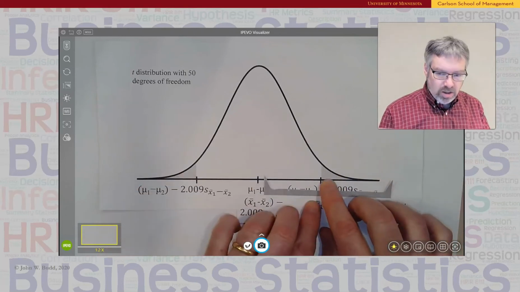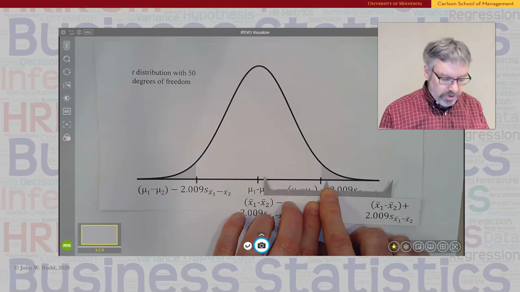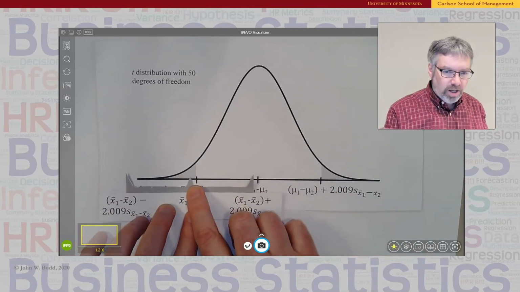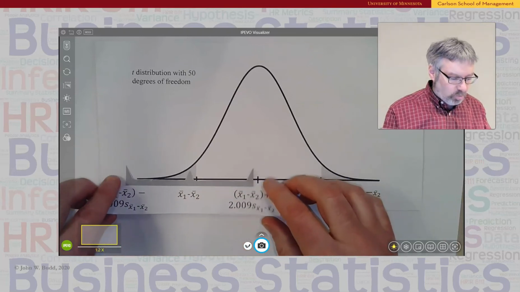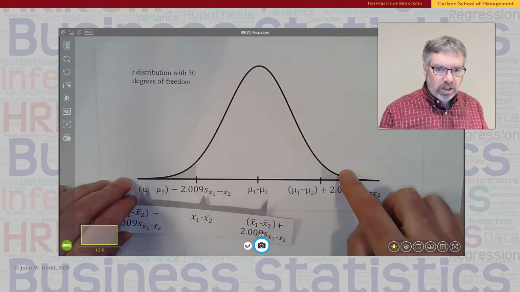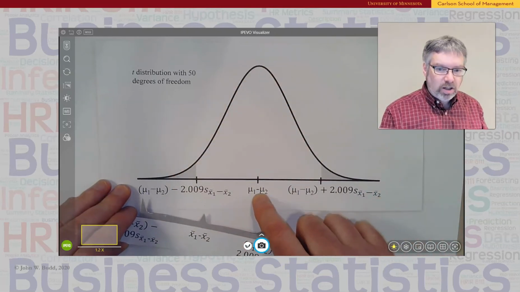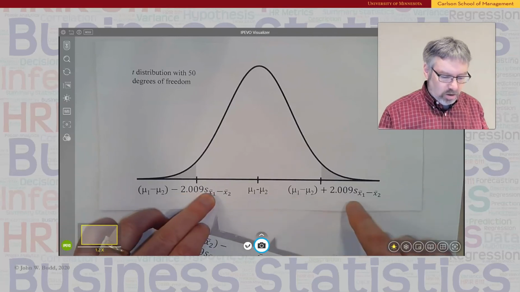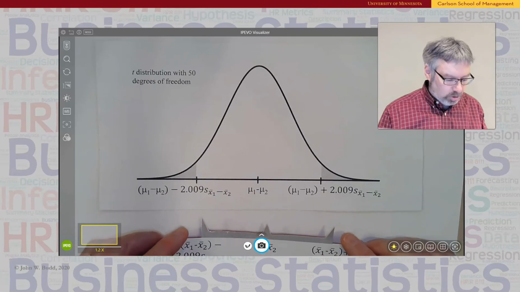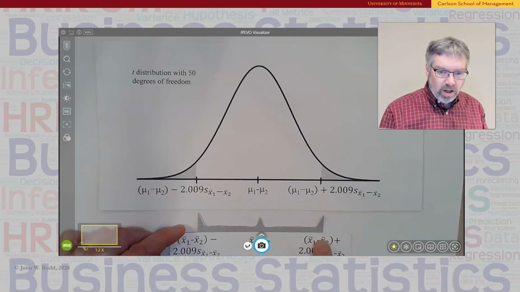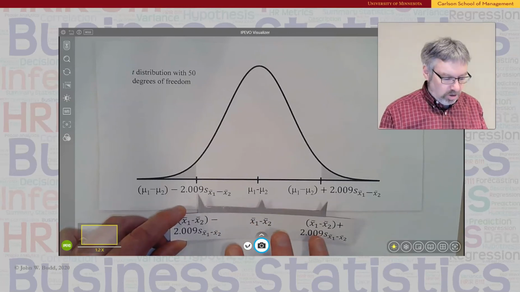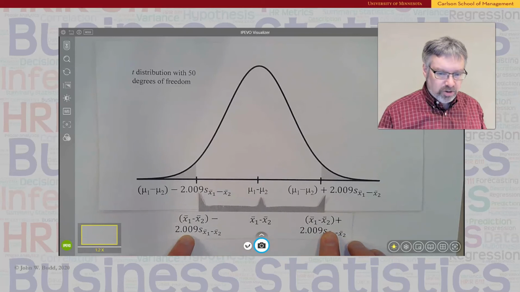2.5% chance of being this far away on the positive side, 2.5% chance of being this far away on the negative side. And so with a sampling distribution that looks like this for x bar 1 minus x bar 2, centered on mu1 minus mu2 with a standard error that we can calculate from the formula given in the sampling distribution, we can construct our 95% or whatever confidence interval, plus or minus the requisite number of standard errors.